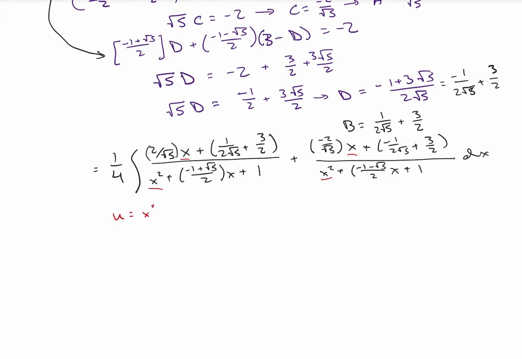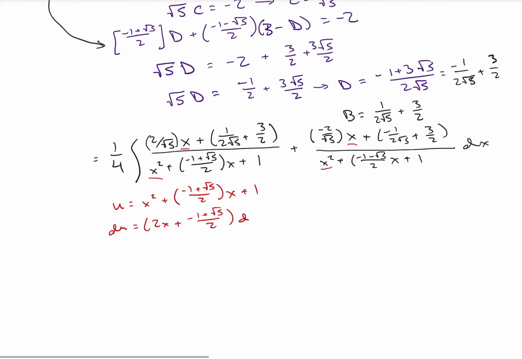So I'm going to have u equal to x squared plus (-1 plus root 5)/2 times x plus 1. The derivative of that is going to be 2x plus (-1 plus root 5)/2 dx.